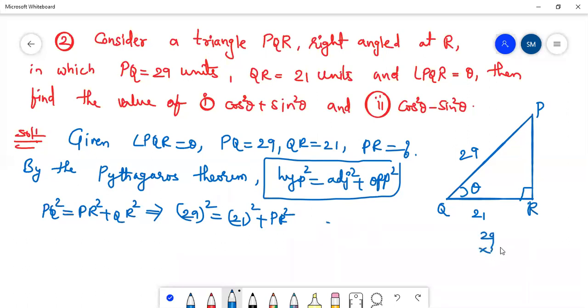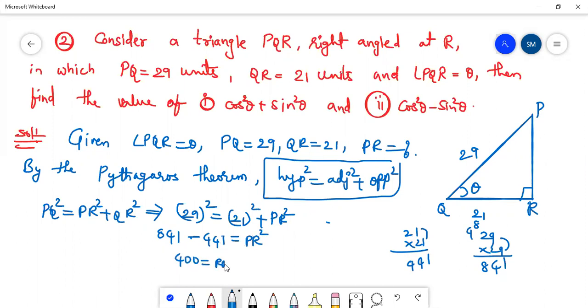Here 29 into 29 is 841. Minus 21 into 21, which is 441. So 441 is equal to PR square, it's 400 equal to PR square.